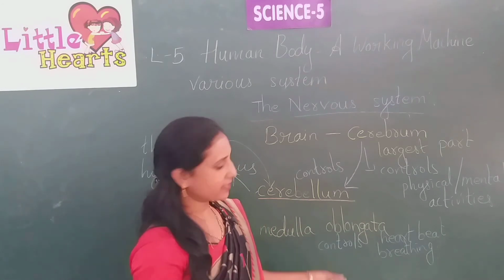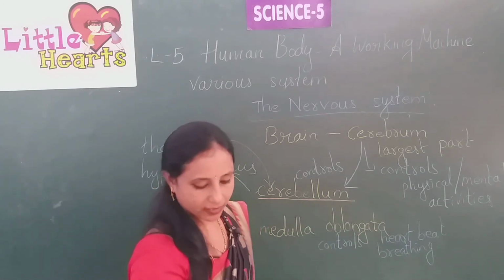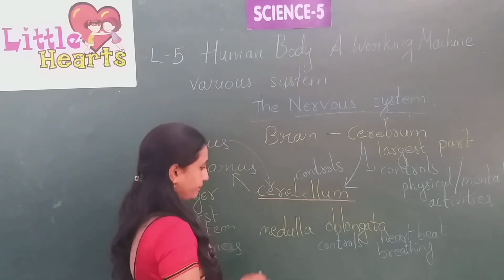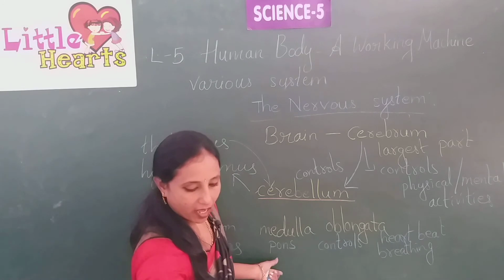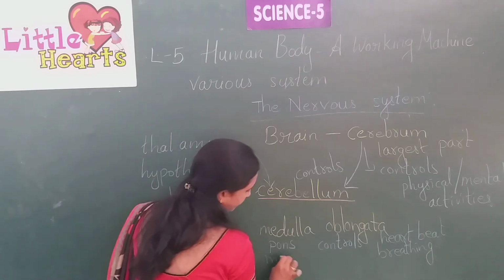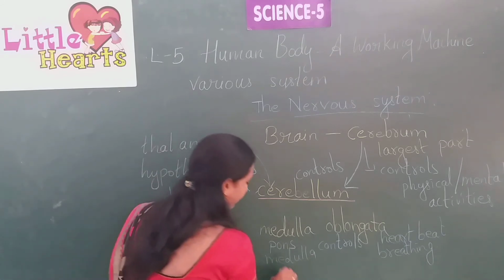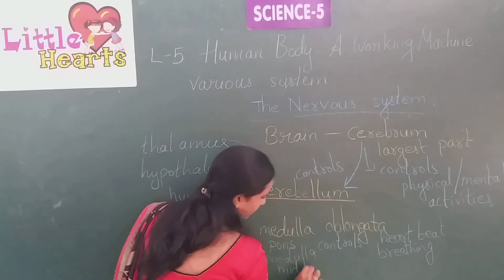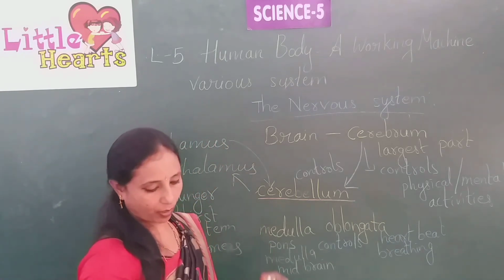And it has three main parts. What are the three main parts of this medulla oblongata? Pons, medulla and the other one is midbrain. These are the parts of this medulla oblongata.